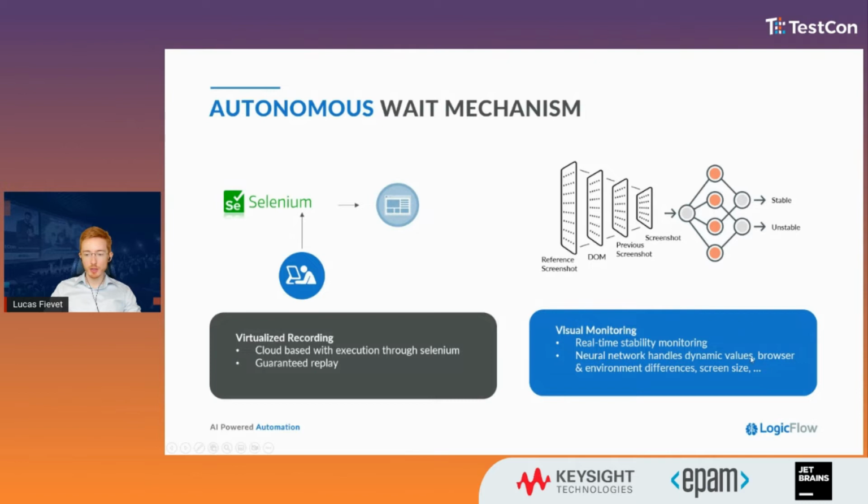The network is trained to handle changes in dynamic values, changes across different browsers, and differences in environments and in screen size to some extent. And the whole iteration can be done in around 40 milliseconds. So you can iterate very fast and get a very precise timing of when the page is ready.